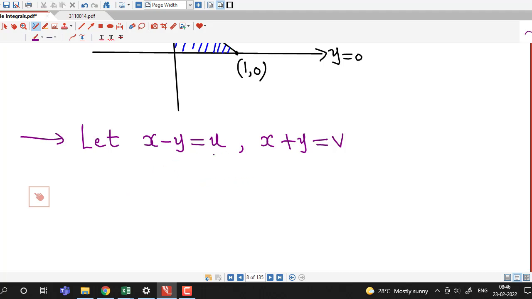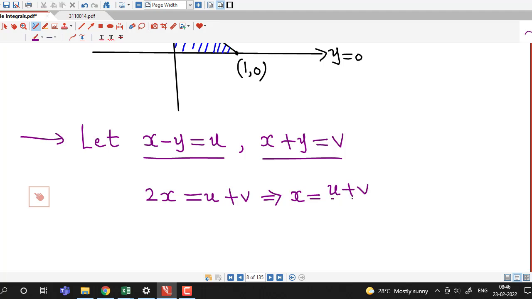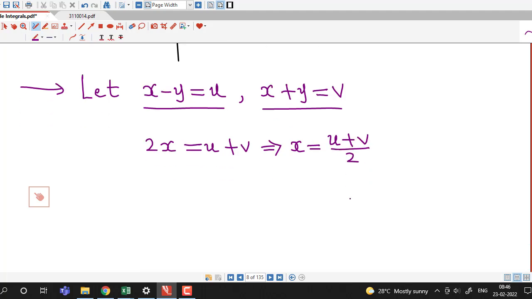Suppose we add these two equations: the addition of the left hand sides will be 2x, y will cancel out, and we obtain 2x equal to u plus v, and this implies that x will be equal to (u plus v) divided by 2.